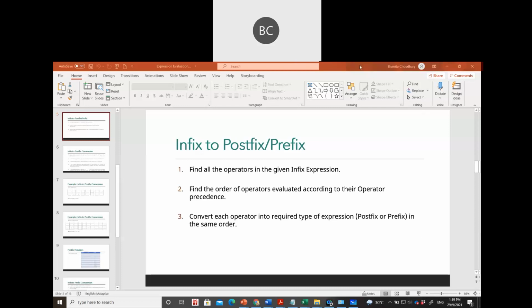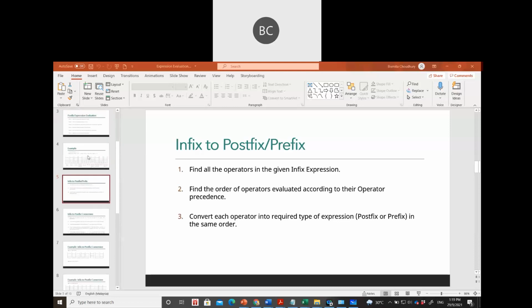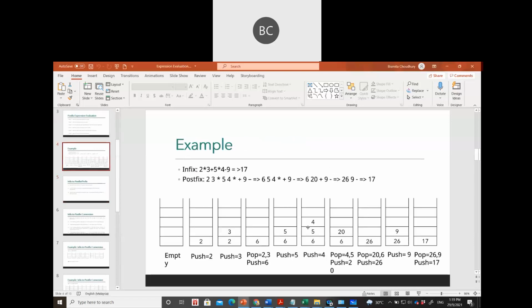So today we will see how we can convert infix to postfix or prefix using stack. In the last class we discussed how we can evaluate a postfix expression using stack.